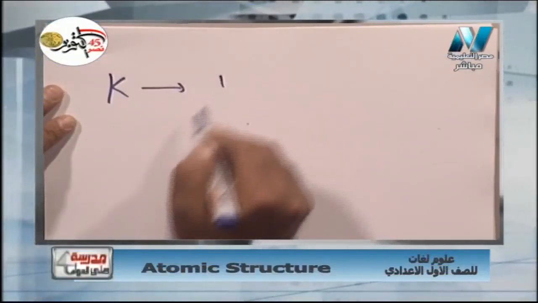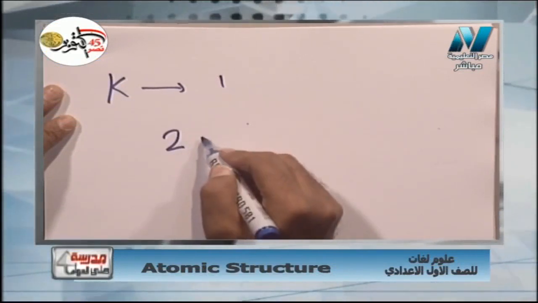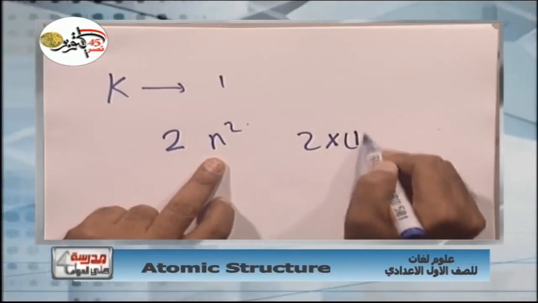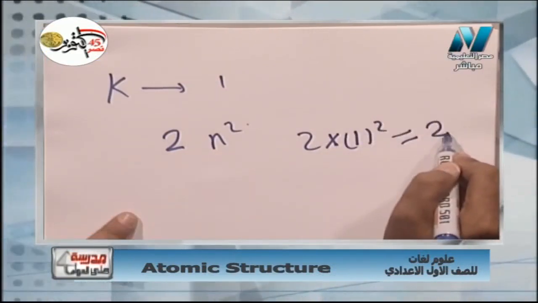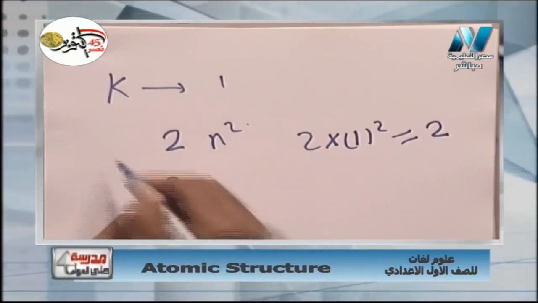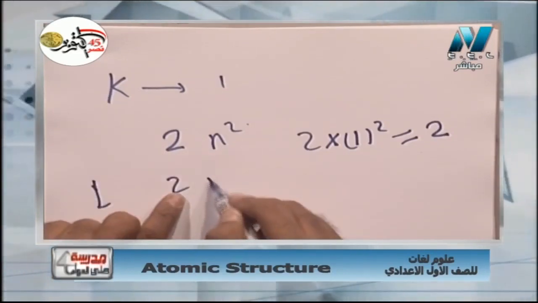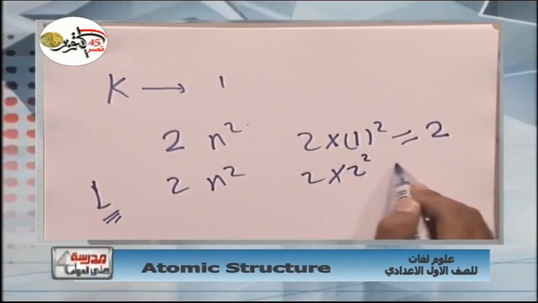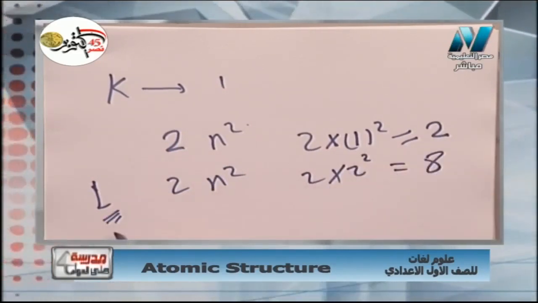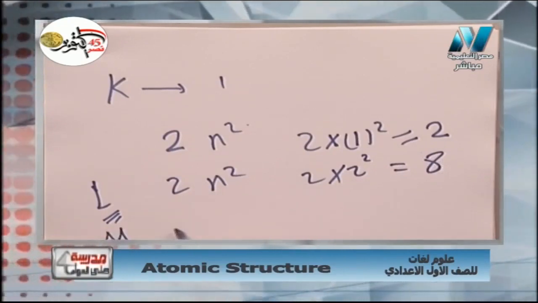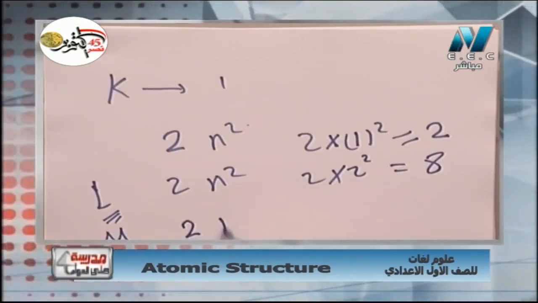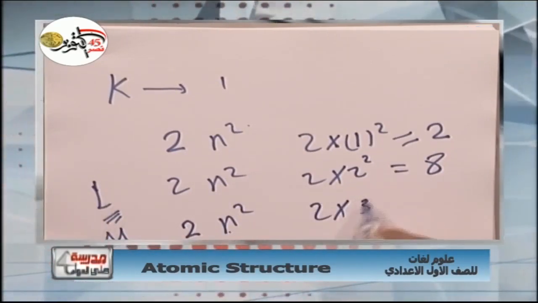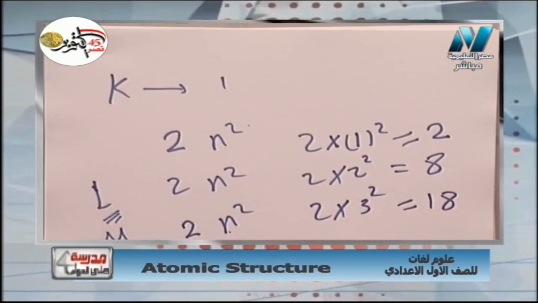K is number 1, so it is controlled by the relation 2n squared: 2 times 1 squared, so it will be 2. And so on. For L, number 2, 2 squared is 4, times 2, it will be 8. And M is number 3, controlled by 2n squared, 2 times 3 squared, it will be 18, and so on.